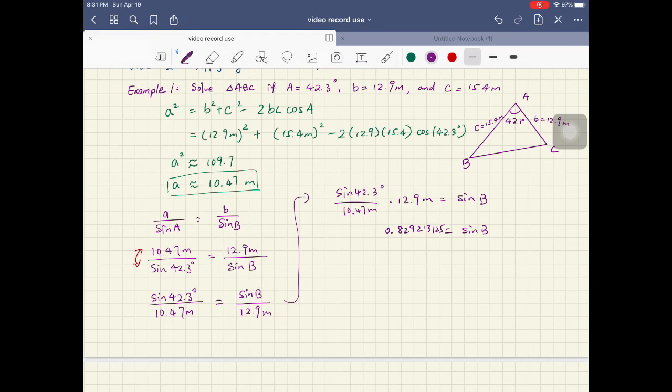Then we apply the inverse function: sine inverse of 0.829213125 is going to be angle B, and B is approximately 56 degrees.